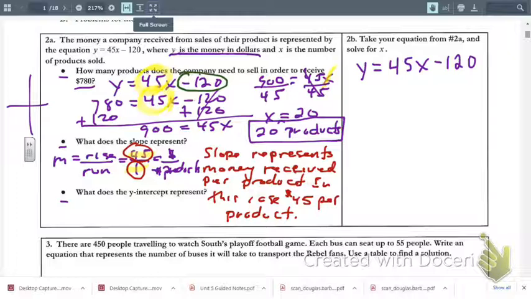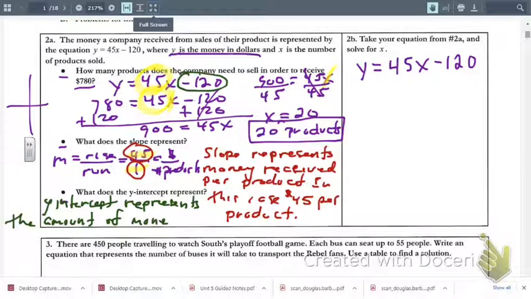So we're going to write y-intercept represents the amount of money it takes to make the product.